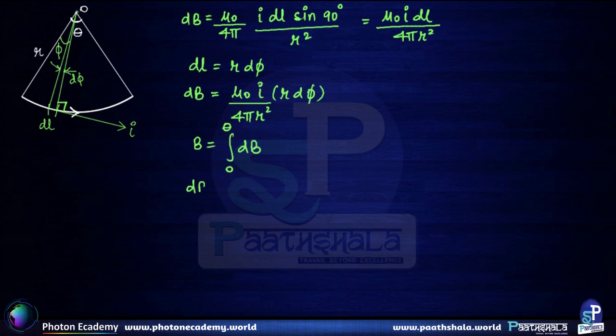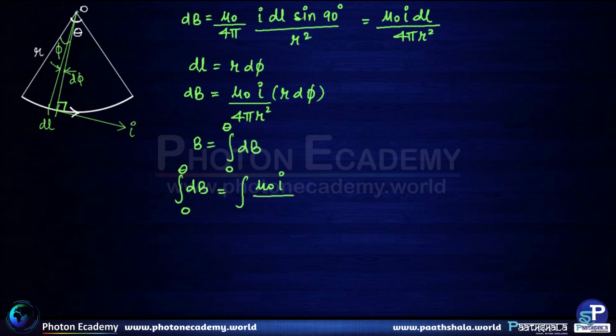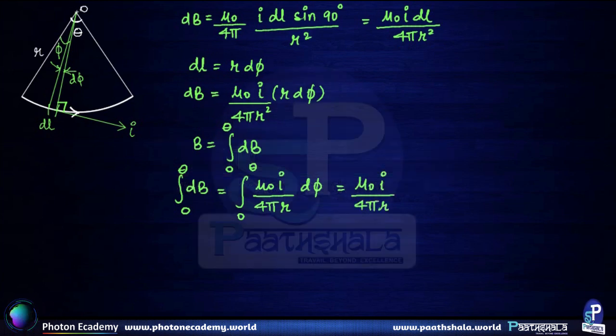So integral of dB from 0 to theta equals integral of mu naught I upon 4 pi r into d phi from 0 to theta. This will be mu naught I upon 4 pi r integral of d phi from 0 to theta.